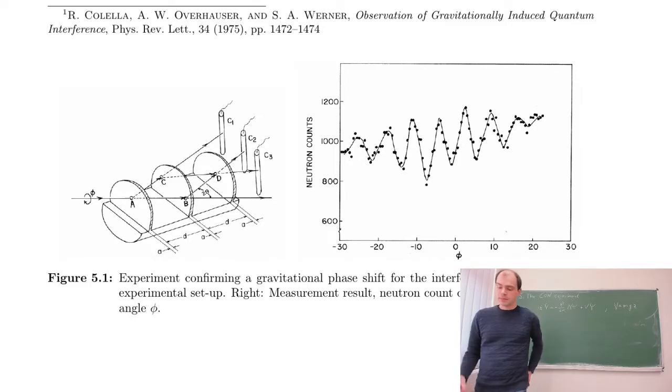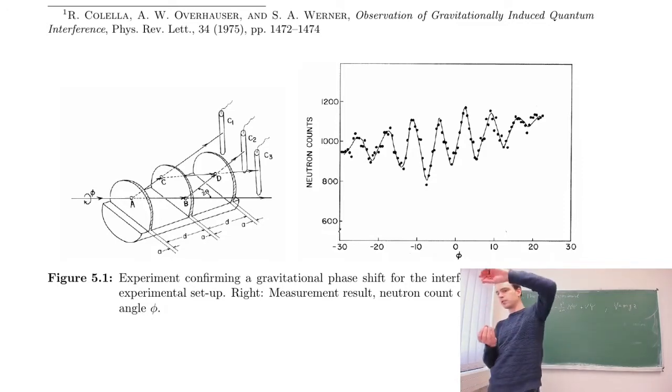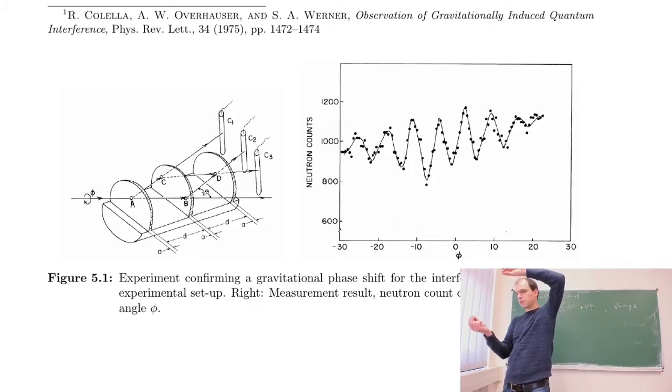So what happens intuitively is when you have a neutron coming in, and the neutron gets split up into a higher path. Let's say we go from A, we have to go up to reach point C in the gravitational field, whereas the other particle just travels on to go to B.